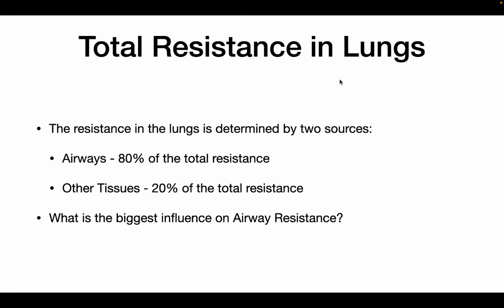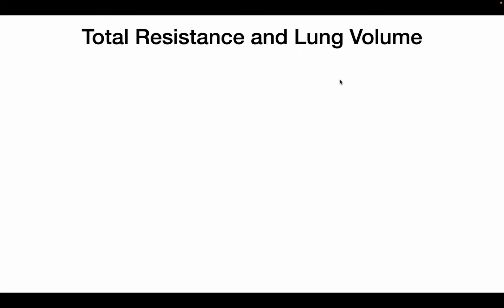So the total resistance in the lungs. The resistance in the lungs is mainly going to be determined by two sources. The first source is going to be the airways themselves, which is going to account for 80% of the total resistance. And the other tissues are going to be responsible for 20% of the total resistance. But what is the biggest influence on airway resistance? Well, the main influence on airway resistance is actually going to be lung volume.